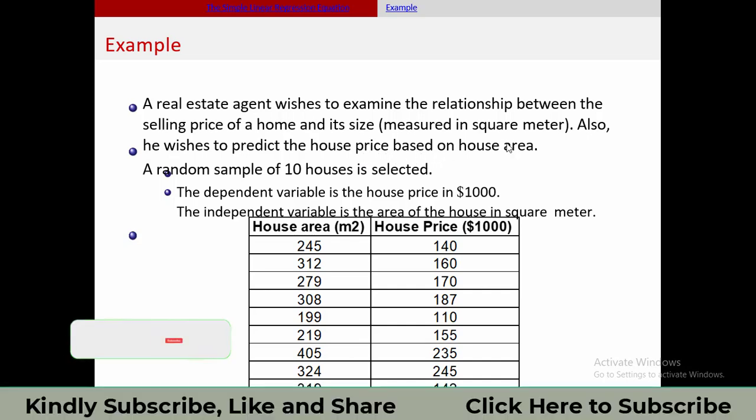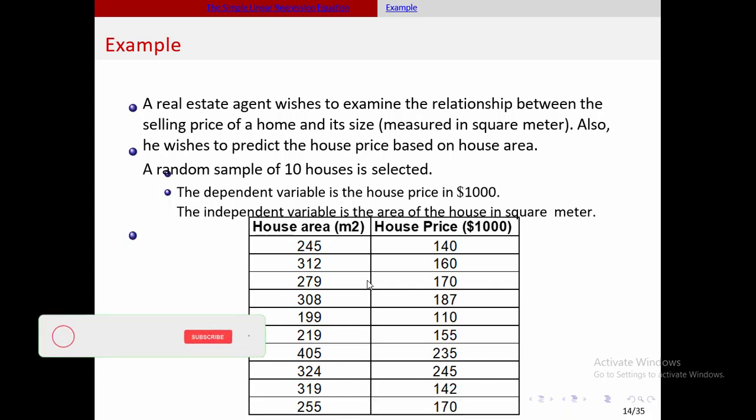Whenever there is a word relationship, we have to perform the correlation analysis, and in this case we have this data based upon observation, so we will apply the Pearson correlation, and where the word predict is used, there we will use the regression analysis. In order to perform these two tests, the real estate agent has collected the data from 10 houses.